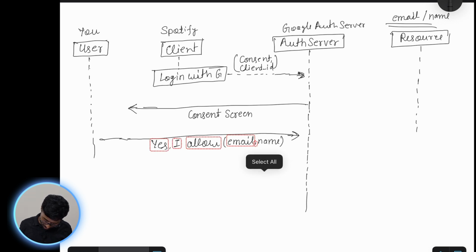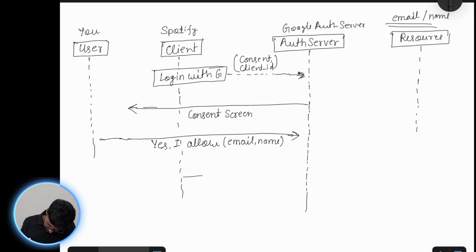Okay, now what will happen? Now Spotify will get one auth code. Now using this auth code, Spotify can ask for a token.